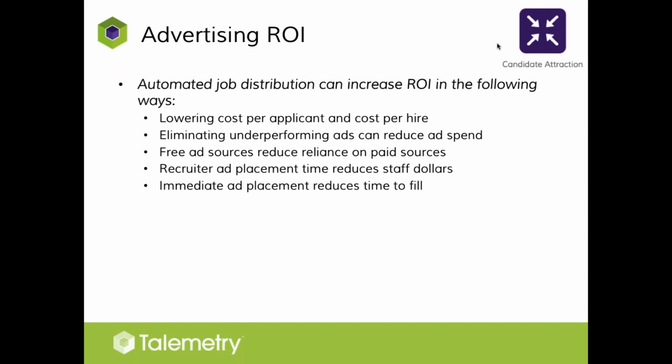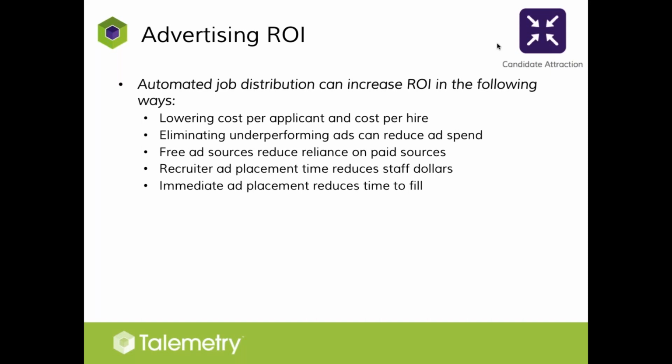It's going to automatically make sure that you push out to free ad sources, like let's say, Indeed, for instance, and other new entrants into the automated free realm. It's going to help you manage your recruiter ad placement in terms of the time that it takes to actually post a job. So you got that reduced staff dollars, very similar to some of the efficiency ROIs that Ian just spoke about in the CRM tool.